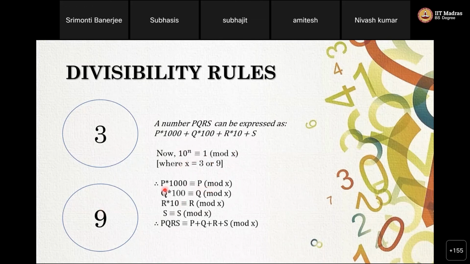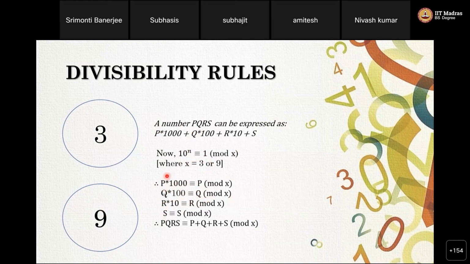Now, say I'm considering this portion only. I have P into 1000 congruent to P mod x. Why? Because 1000 is congruent to 1 mod x, and I'm just multiplying P on both sides, right? Similarly for Q, I have 100 congruent to 1 mod x, as we saw over here, and I'm multiplying Q on both sides.